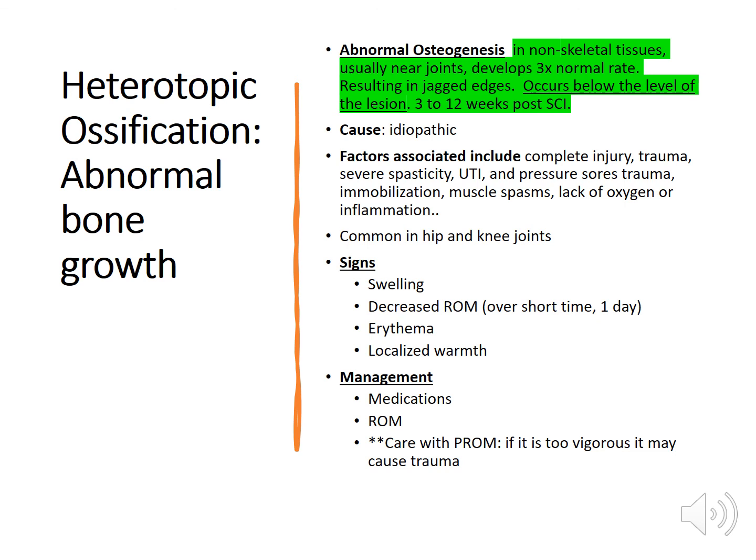Also, range of motion, and you want to take special care when you're performing passive range of motion on these patients, because if it is too vigorous, it may cause trauma, because as you saw in the first point that I made at the top of the slide, the abnormal growth may result in jagged edges, which may cause trauma to the surrounding soft tissues where this bone growth is growing that it's not supposed to be.